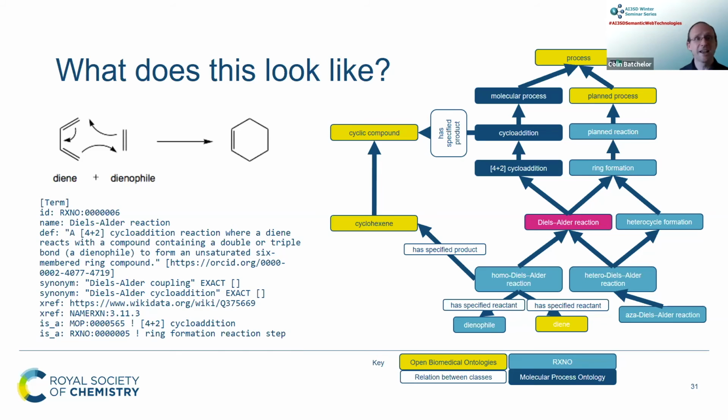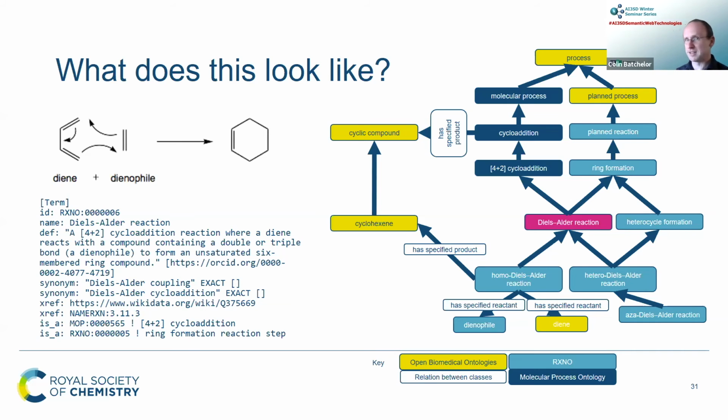We have an ID, we have a name, we have a human readable definition, we have the ORCID ID of the contributor. We have some synonyms, and we have cross references: a cross-reference to Wikidata, and we have that it is a 4+2 cycloaddition, and that it is also a ring formation. And I've shown on the right a diagram somewhat similar to the daisy chain diagram earlier, showing that the Diels-Alder reaction is, if you like, in the center of a web.